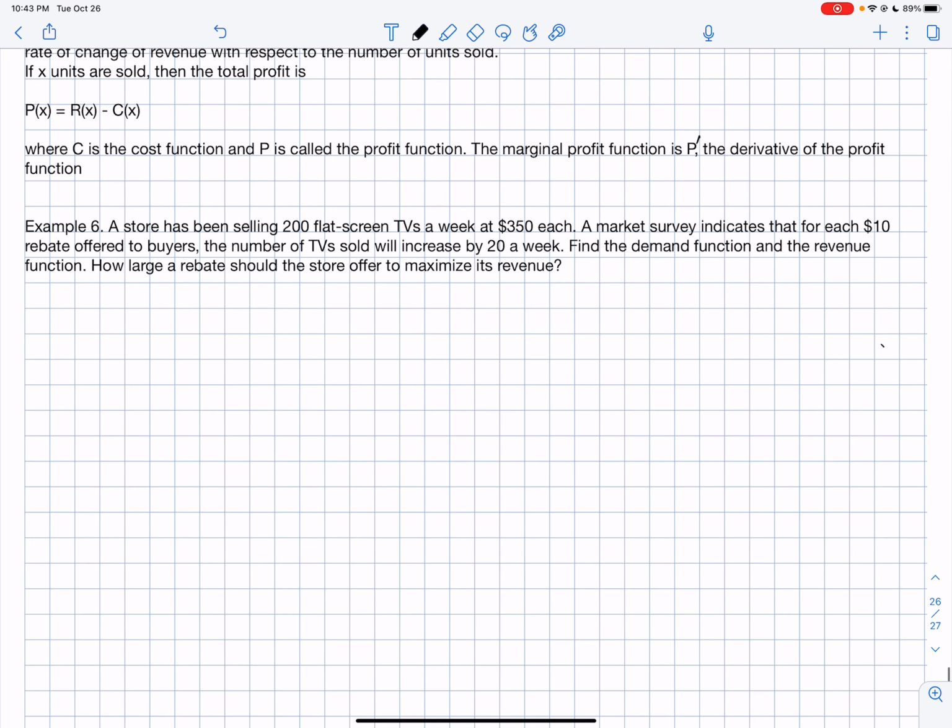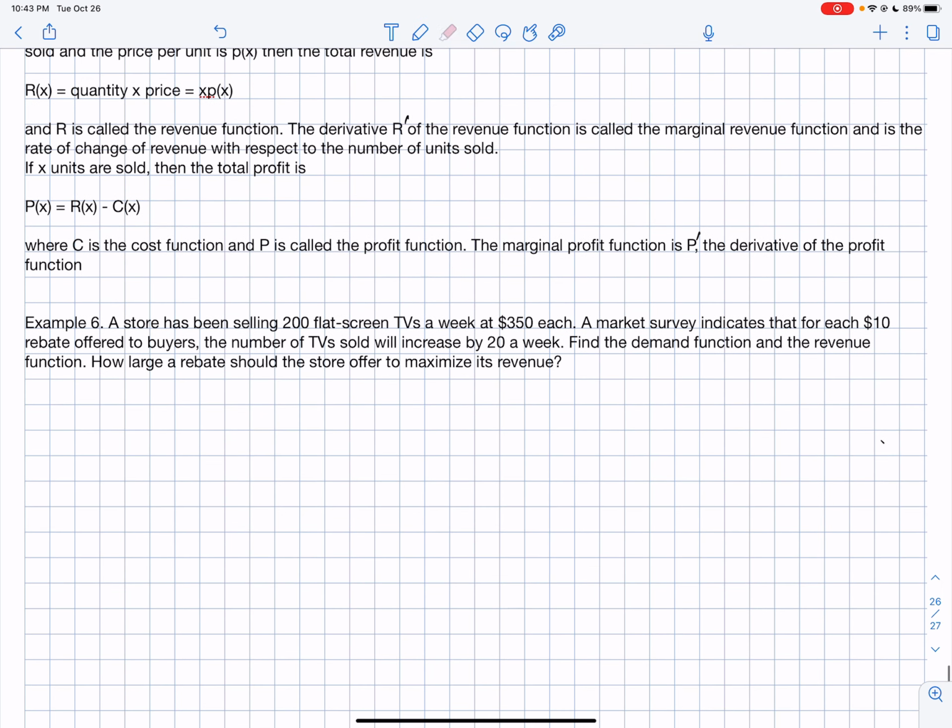Alright, so before we solve this problem, let's look at this example. So we know that we're going to use the formula right here. So quantity times price is equal to revenue.